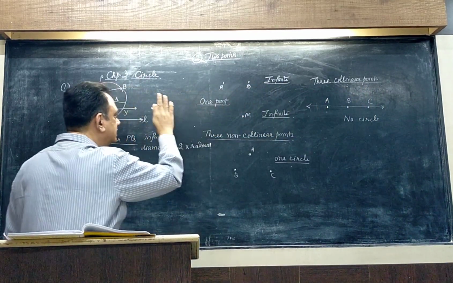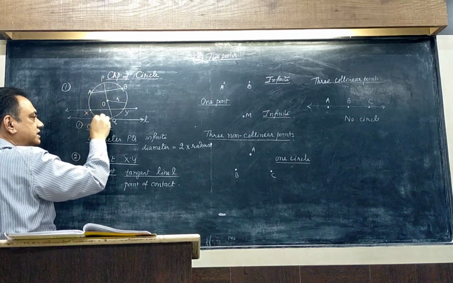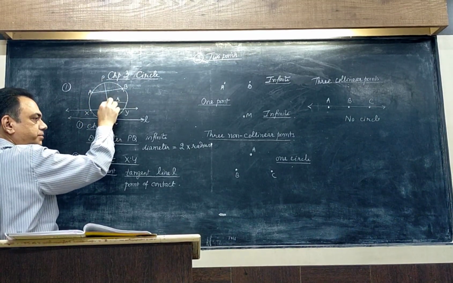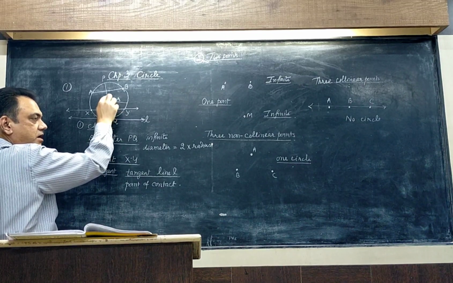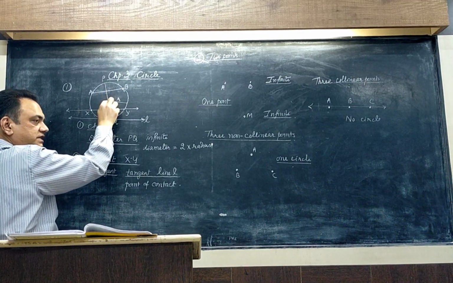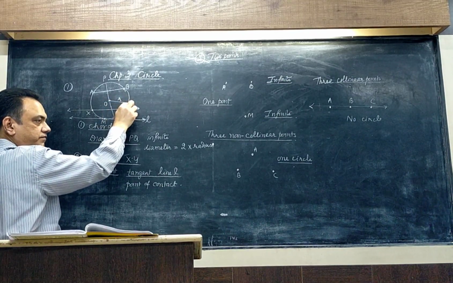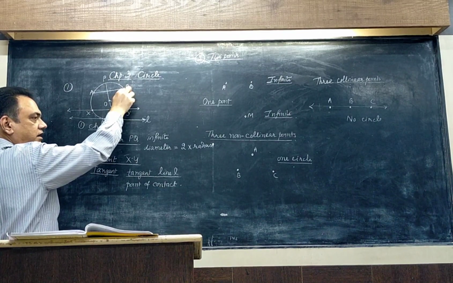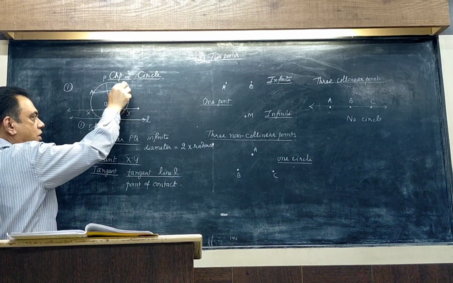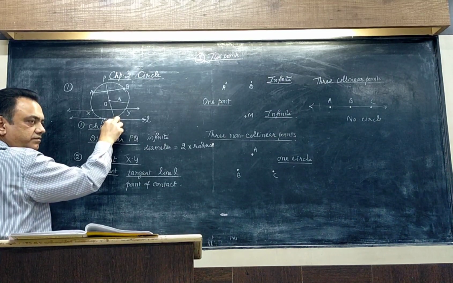Now here, once again we'll have a review of it. Set of points equidistant from a fixed point is called a circle. The fixed point is called the center of the circle and the fixed distance is called the radius of the circle. Segment whose end points lie on the circle, chord of the circle. Chord passing through the center of the circle, diameter of the circle.